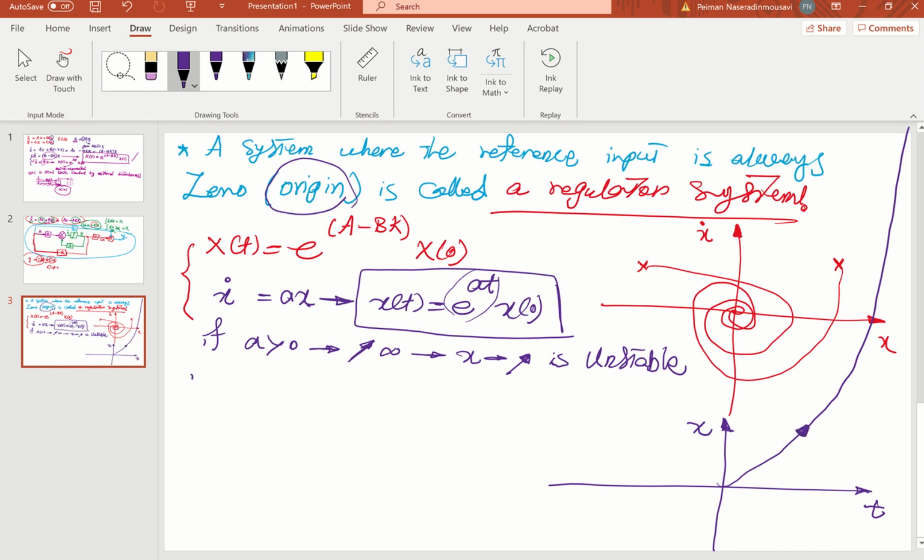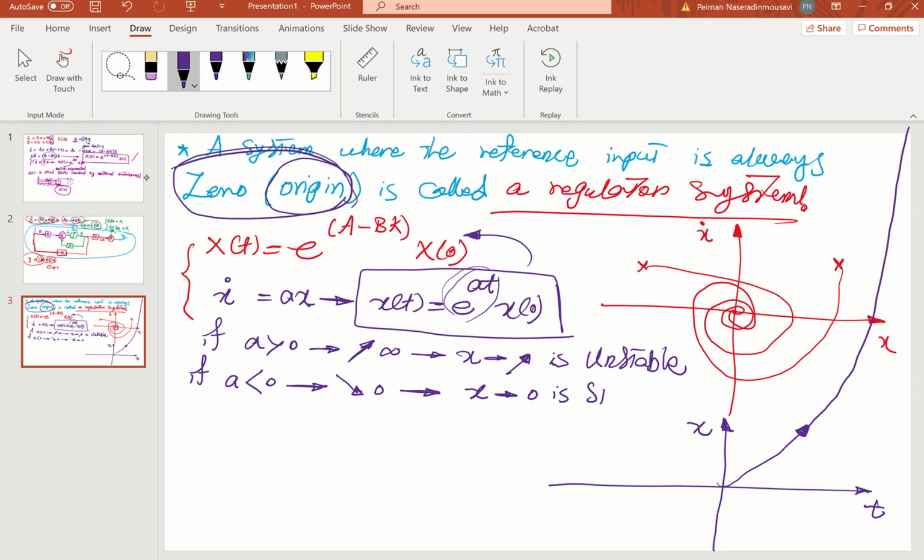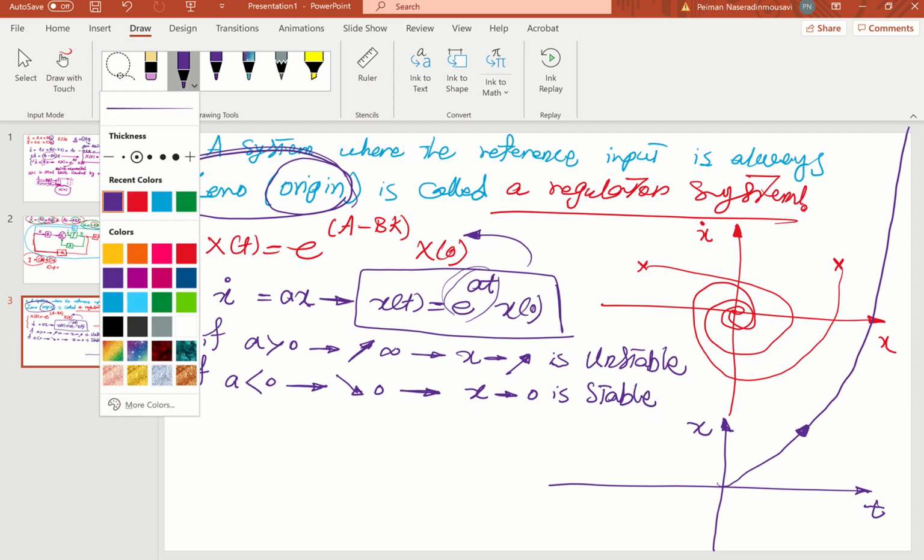That's right. Now, for this differential equation, I'm going to extend whatever I'm teaching to the state vector. If a is smaller than 0, what's going to happen to this again? This goes to 0. So x also goes to 0. Goes to the origin. So your system is stable. So here we go.